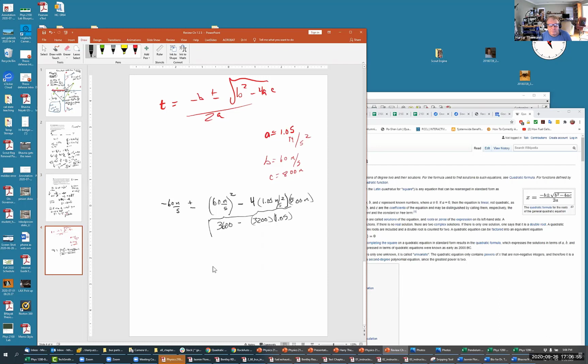So they'll both be meters per second. And then 2 times a, 1.05 meters per second squared. So then we'll end up with seconds. Oh, so it does. Look at that. That's amazing. Who knew?